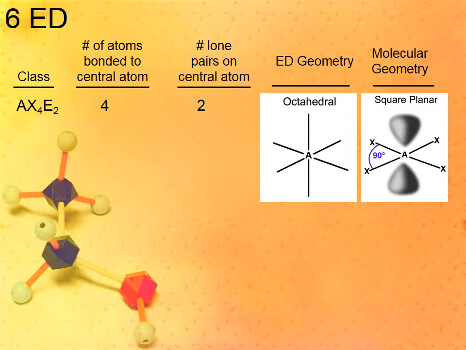The last structure that is possible with a 6-electron domain arrangement and 2 lone pairs is known as square planar, where you have 2 lone pairs in the same axis, and the bonding pairs at the equatorial plane are at 90-degree angles from each other.